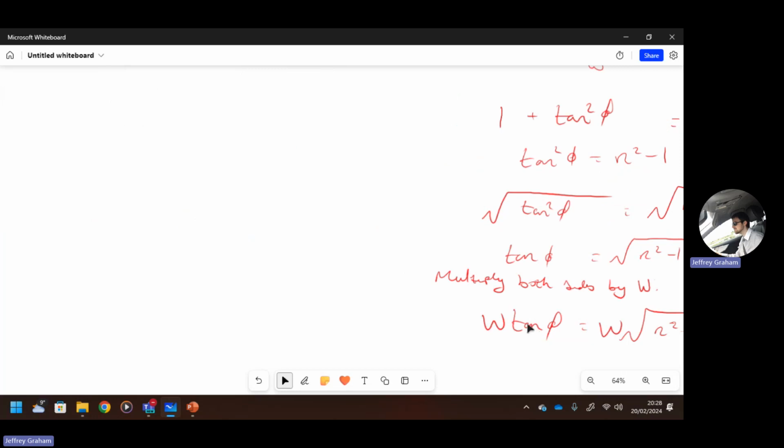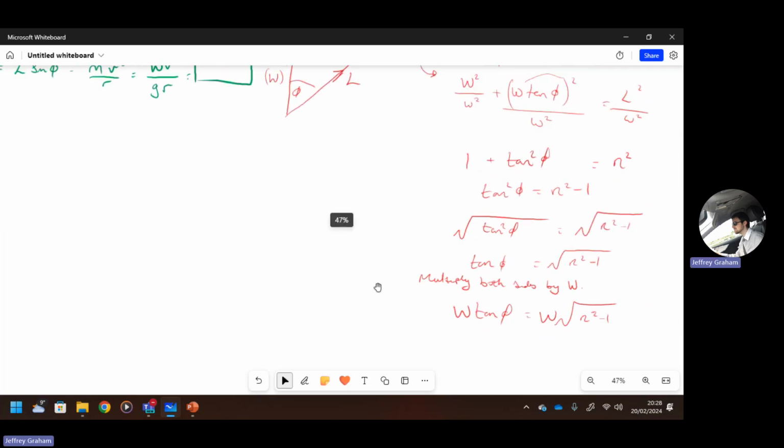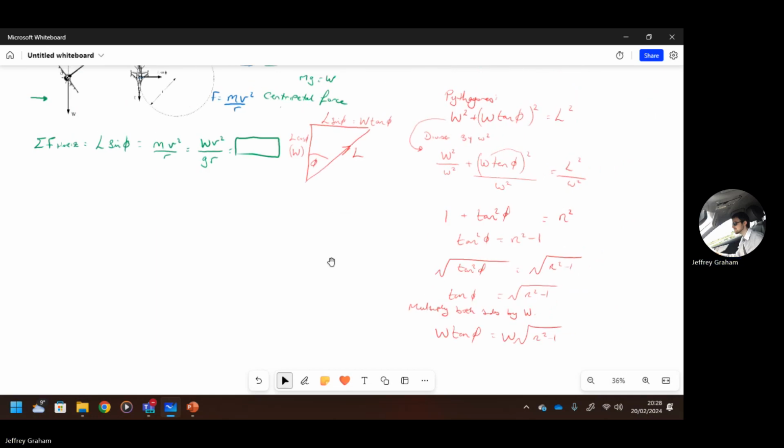This makes this bit here, zoom out and see it, equivalent to this bit here, which as you can see is also the same as the lift times the sine of the bank angle. We're just starting our equation off.